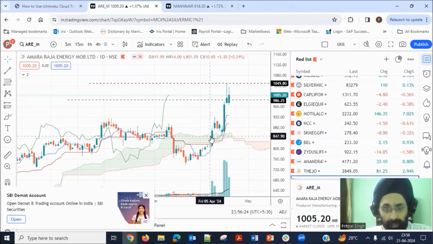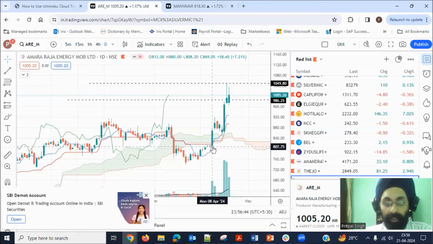So in the cloud breakout strategy, the entry point is when the price breaks the upper boundary of the cloud and closes above it, closes significantly above it with a bullish candle. This is exactly what has happened in this chart on 8th April, which is like 1.5 weeks ago.